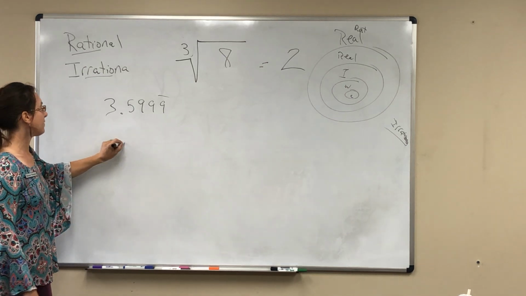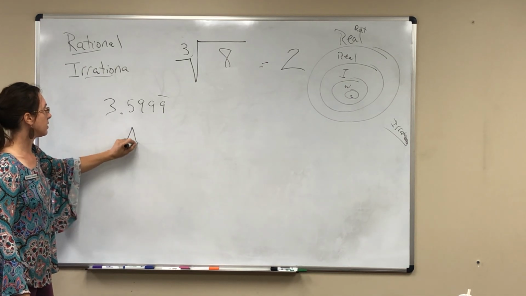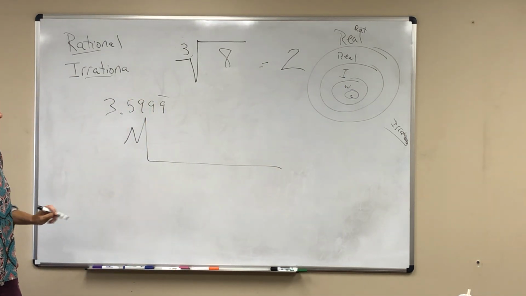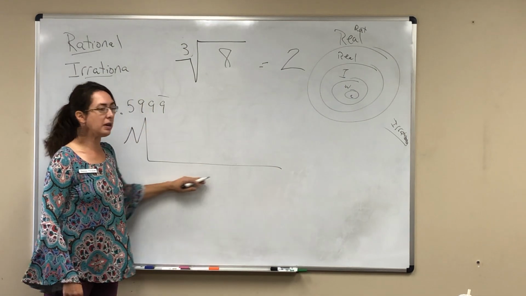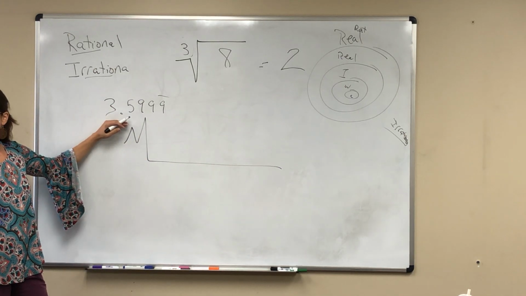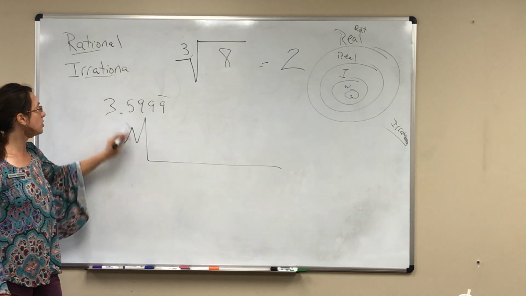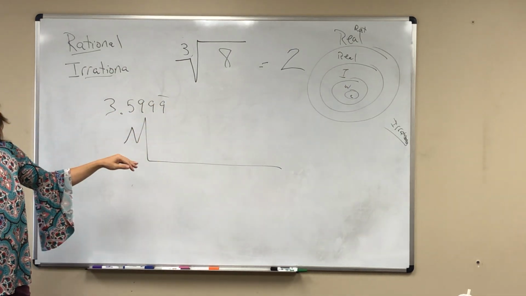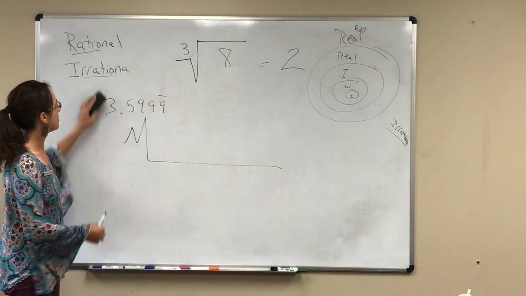If you were to graph it, it might look like this, and then it repeats. Once it starts repeating, it's still a rational number. Irrational numbers are all over the place. So it doesn't matter if it starts repeating after the first one or the last one.